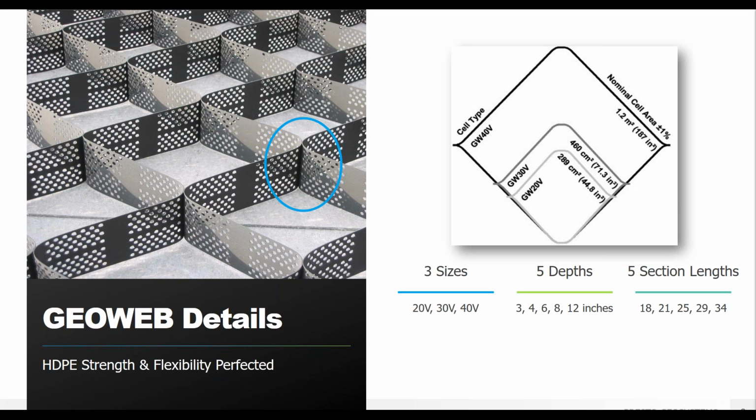You want unity in your performance and your function across all elements of a GeoCell system, which is going to be much more important than focusing on a single property alone. You want that uniform system. So I'm going to keep saying that, uniform. And it's really not important if you remember every single one of these properties of the HDPE plastic or anything like that.